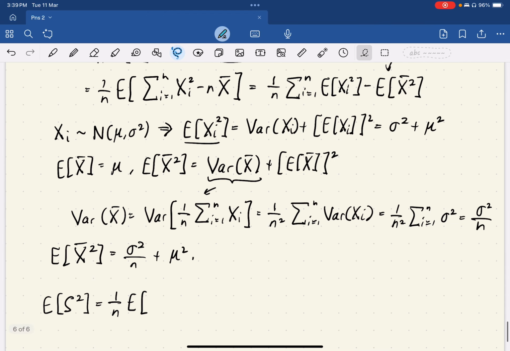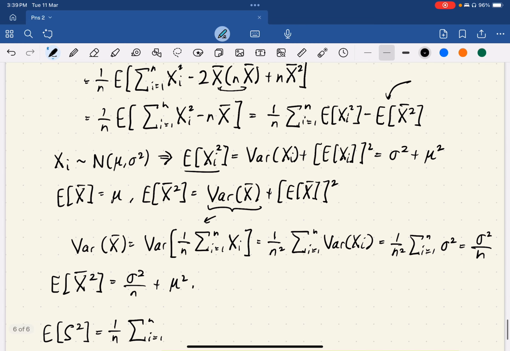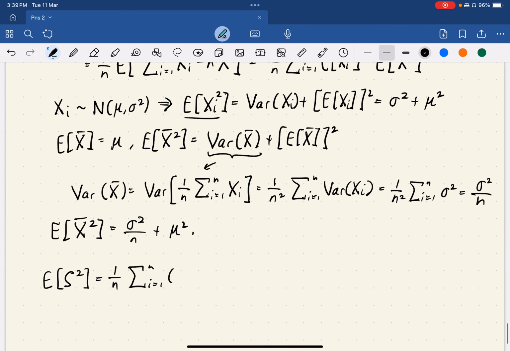Okay. So here we have 1 over n times the sum from i equals 1 to n. And then we just take the expectation here, like this.